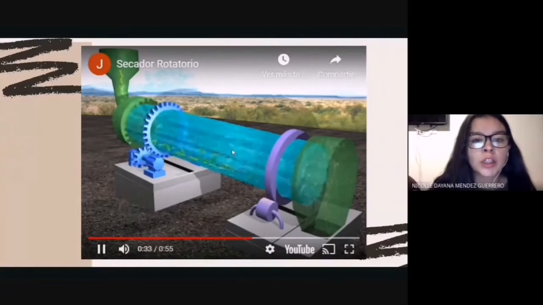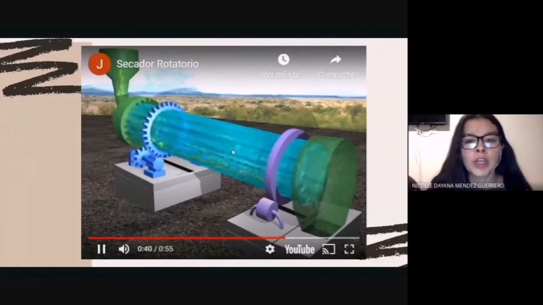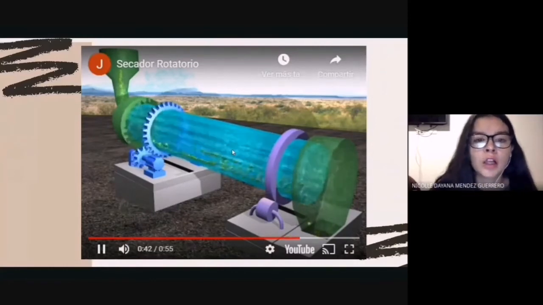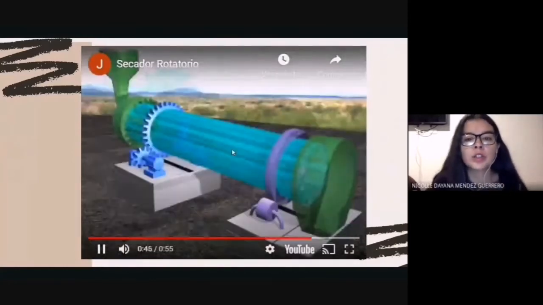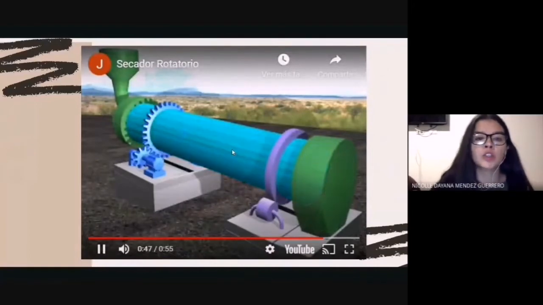The solids are introduced at one end and move along it due to the rotation, the effect of the load, and the slope of the cylinder. They are discharged at the other end as finished product.